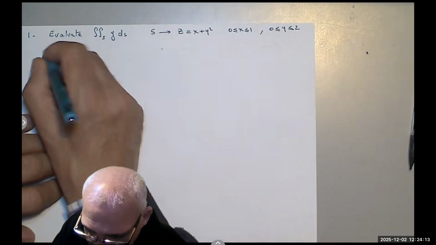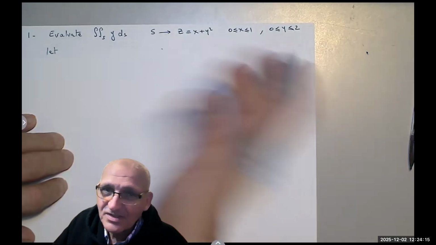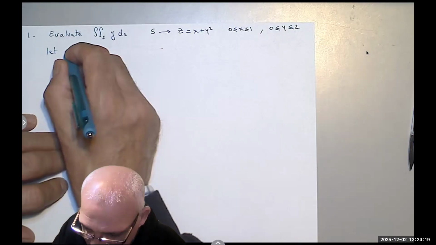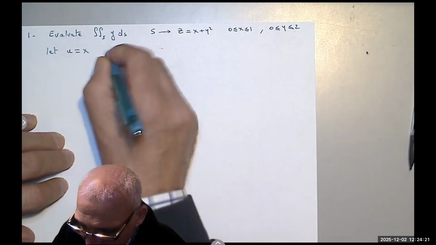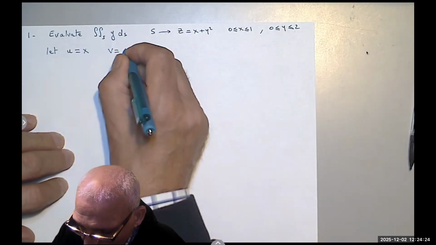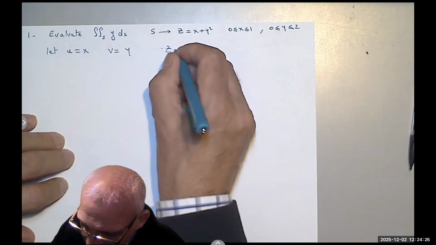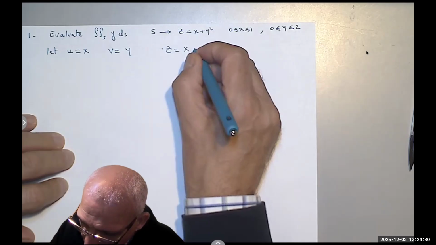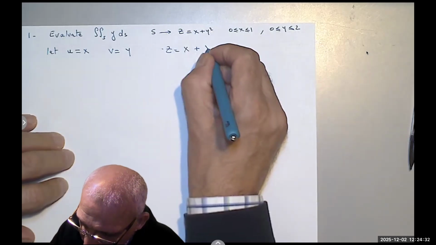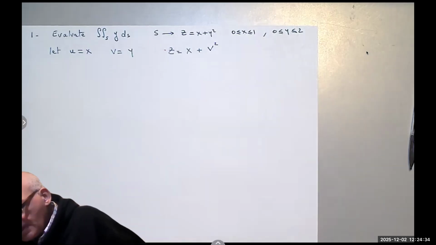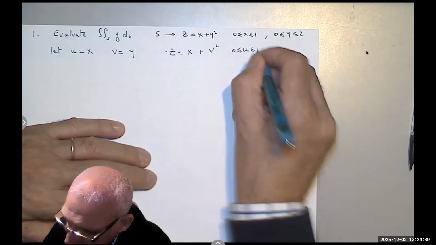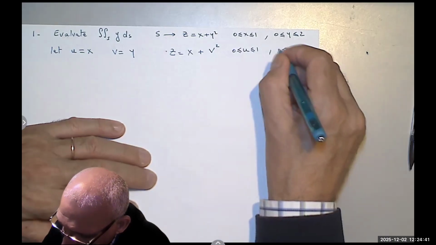But we can say let u equals x, v equals y. So z in this case would be u plus v squared, right? And then my u goes from 0 to 1, and my v goes from 0 to 2.